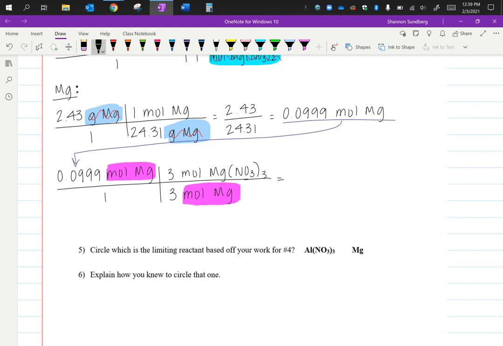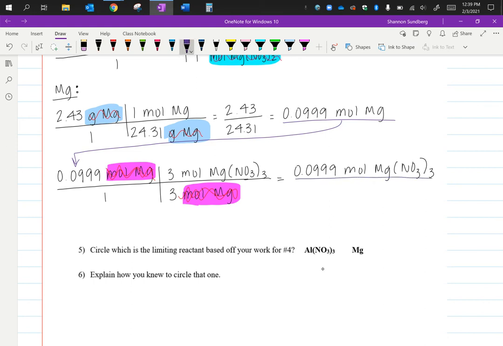Okay, so multiply across the top and then divide by 3. It's going to get you the same answer. So it'll be 0.0999. And then what are your units? Well, cancel the ones you don't want. And it's going to be moles of MgNO3, 2. We're almost done.